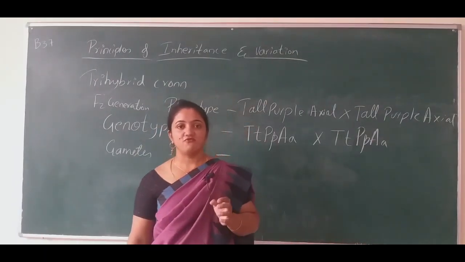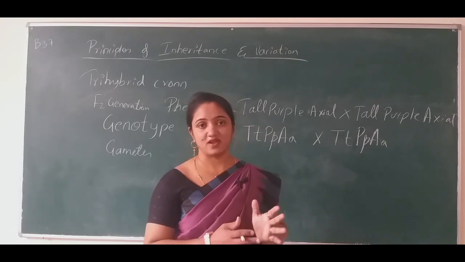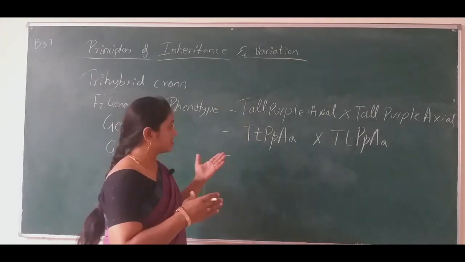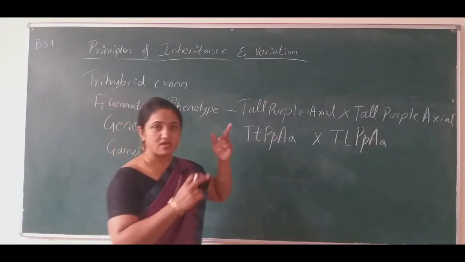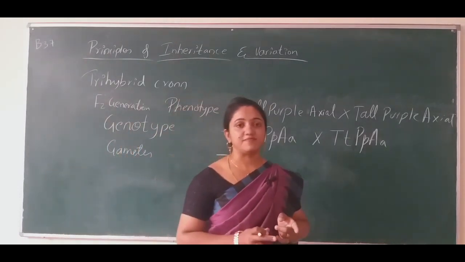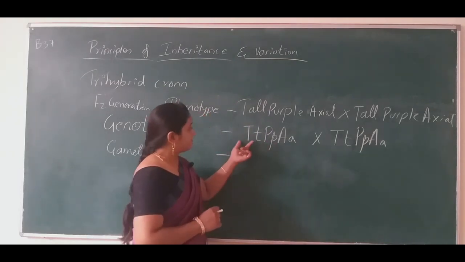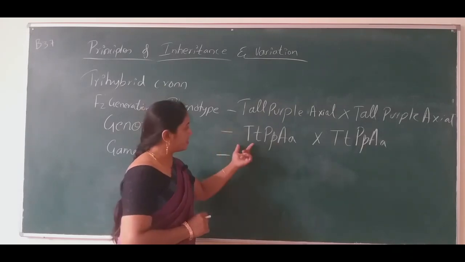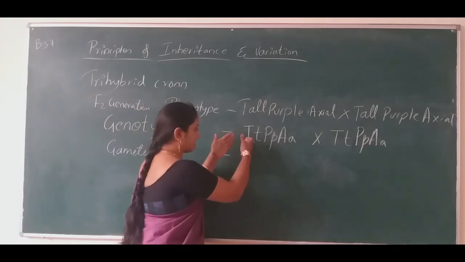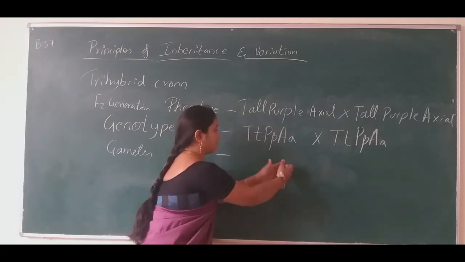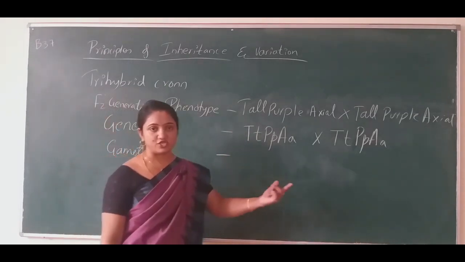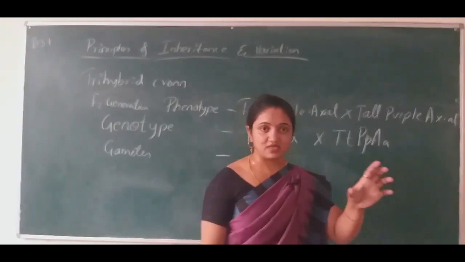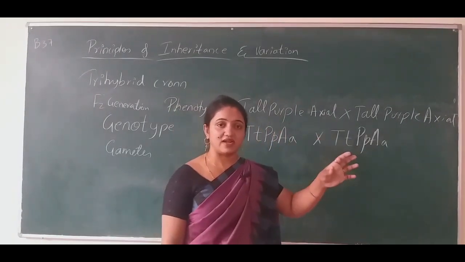Taking out the gametes. When we studied the dihybrid cross, what did we do? We put the Punnett square, and when I started telling about the gametes of the dihybrid cross, I explained the law of independent assortment. Each and every gene, each and every character independently assorts itself.